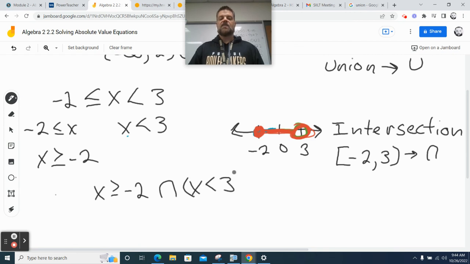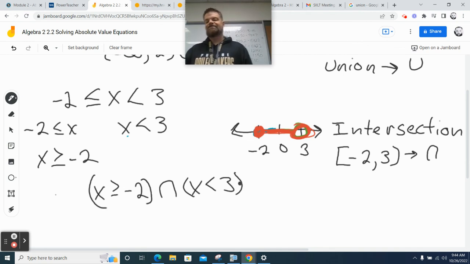You could write it that way. Technically, that's not right. Because we wrote it as an intersection, we're just going to leave it this way. Okay? There's lots of ways you could write it, but this means intersection.